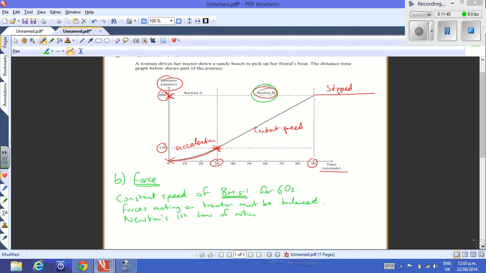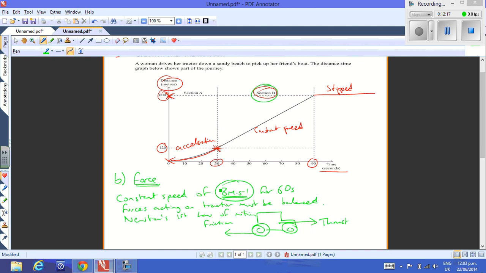If we were to draw a little diagram to explain that, we would draw a tractor, and then the two main forces involved here would be the forward thrust coming from the engine of the tractor, represented by that force arrow, and then the force acting against that would be resistance, whether it be air resistance coupled with the frictional resistance between the tires and the ground. Those two force arrows should be the same in size. Because these force arrows are balanced, there is no change in motion, and you get a constant speed of 8 meters per second. And that's Newton's first law of motion.